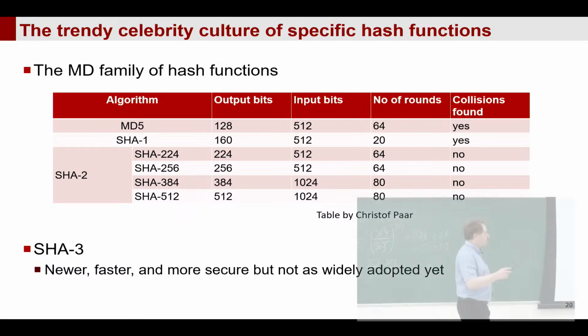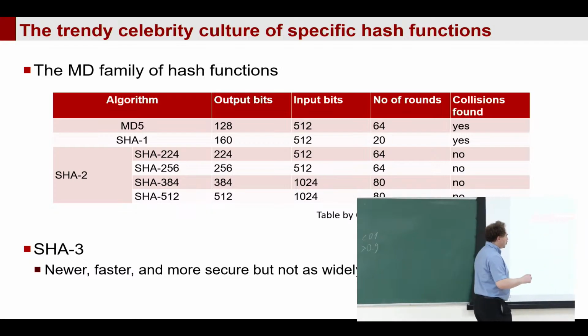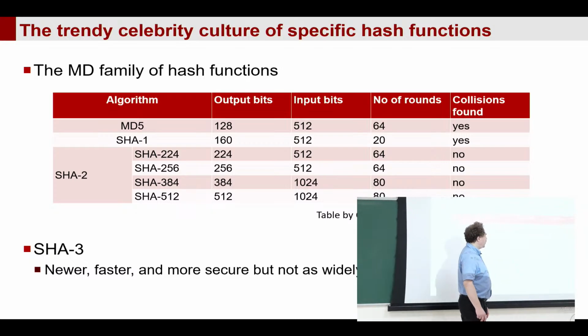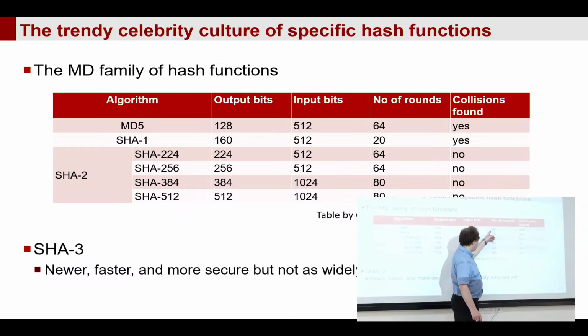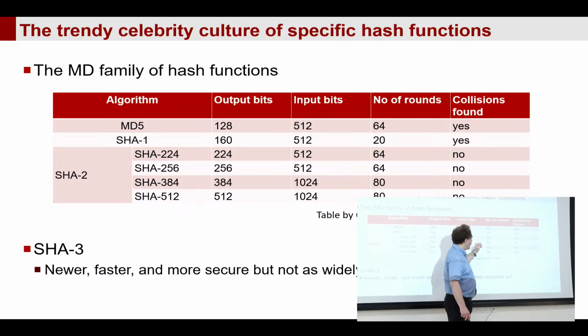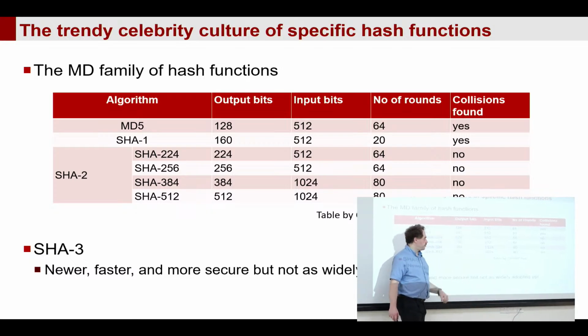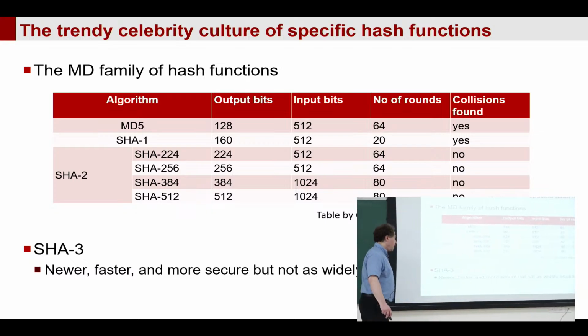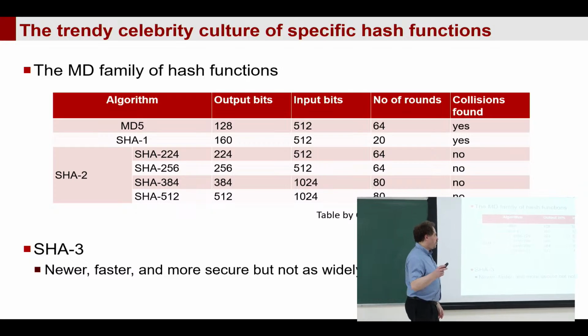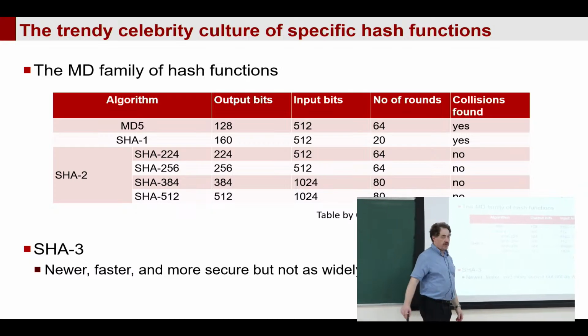The number of rounds varies across different hash functions, and here you can see the summary. Perhaps the most important is the last column, how likely the collision is. MD5 is not used because it's easy to break and collisions have been found.